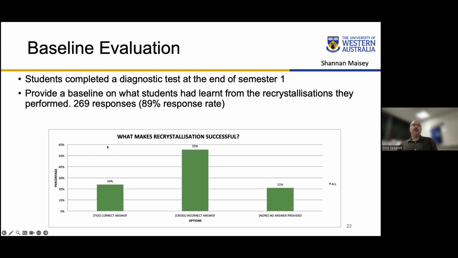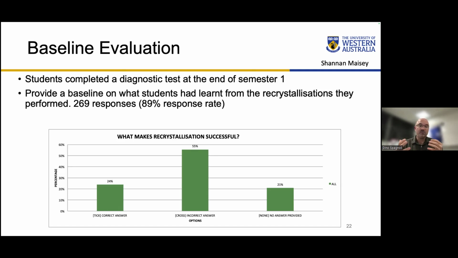The baseline evaluation is what we did when we ran our synthetic unit in the normal way. This is the synthetic unit that we run at UWA. Students in this unit do a recrystallization at least 3 times. They get the opportunity to do it. Without any intervention, at the end of semester, we asked them what makes a recrystallization successful.